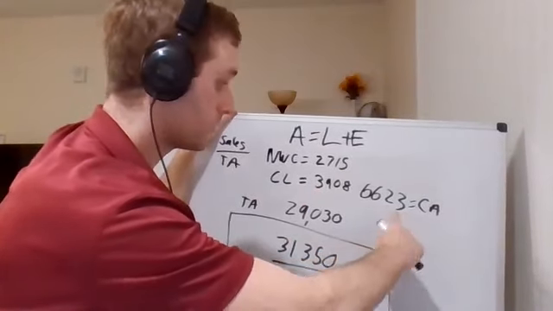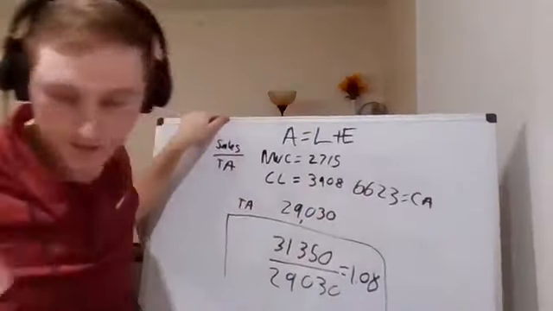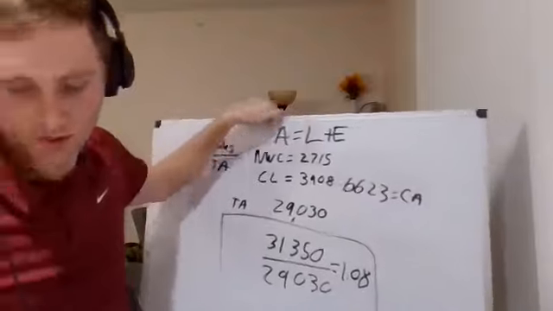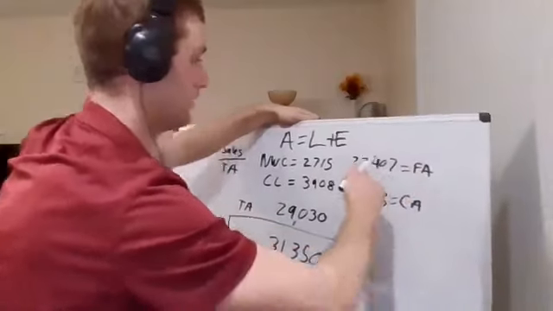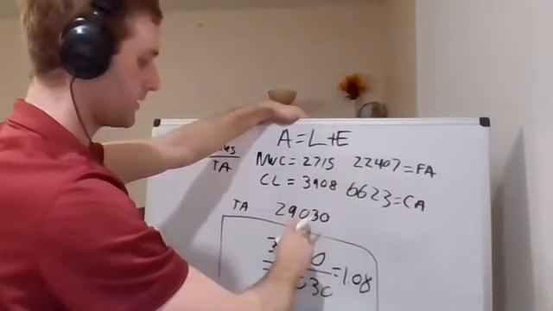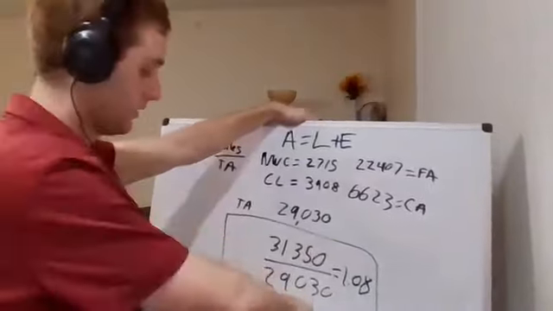I then took our current assets and added it to our net fixed assets, which he gives us at 22,407. I'm just gonna put FA for fixed assets. These two give us our total assets. And then he's asking for sales generated. And that puts us down here. Thank you. No problem.